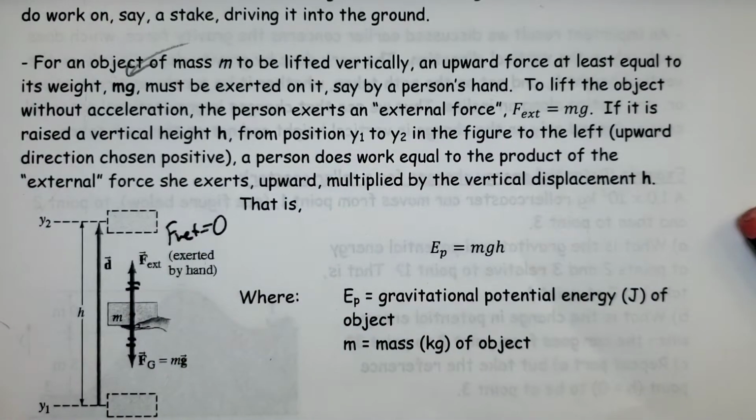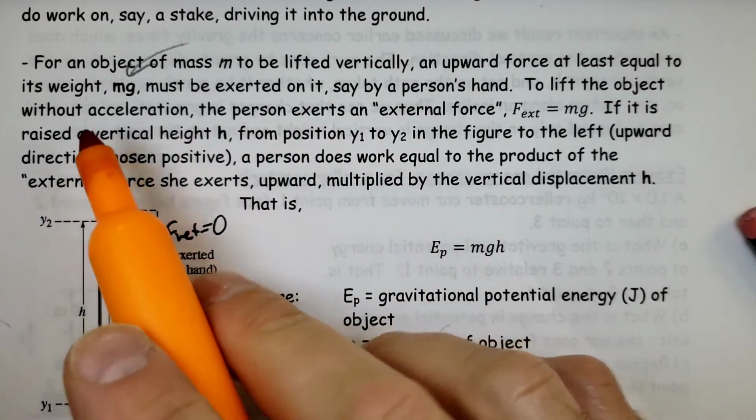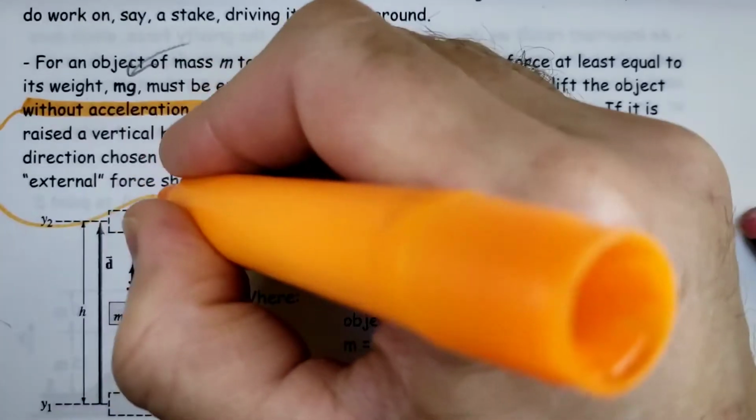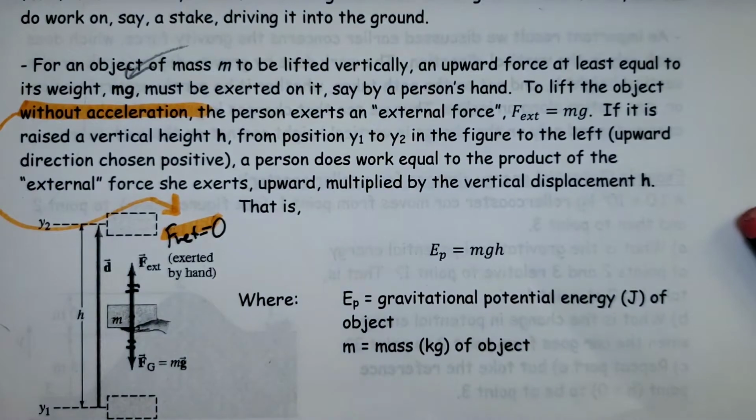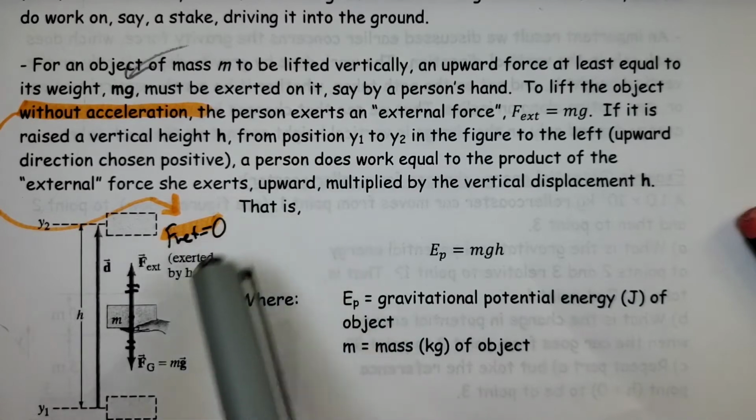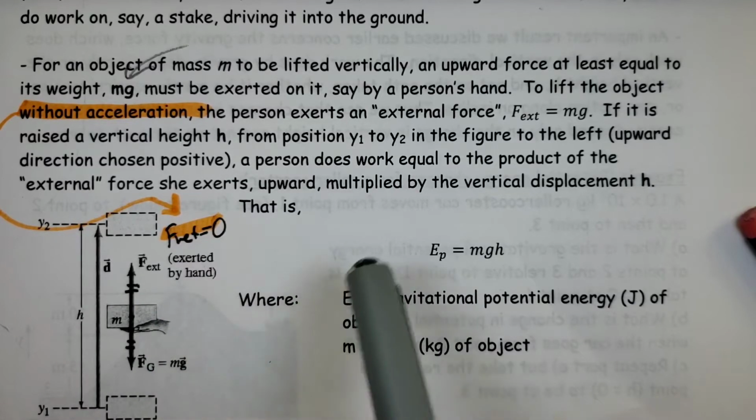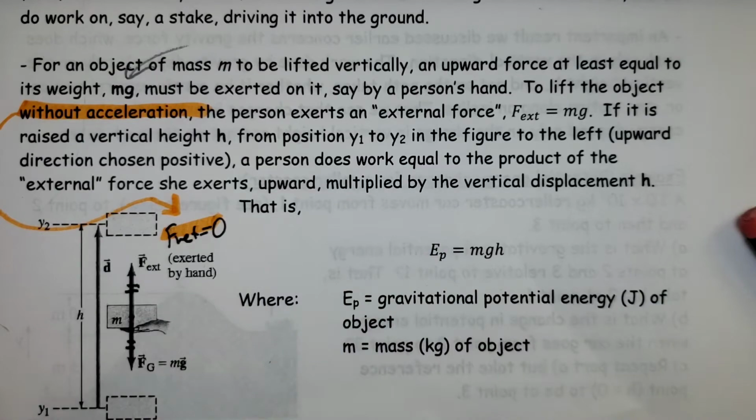That's where the constant velocity would come into play. So without acceleration, here we can have that. We're lifting up with an equal and opposite force to Fg to a height h above the ground. The person does work equal to that external force.